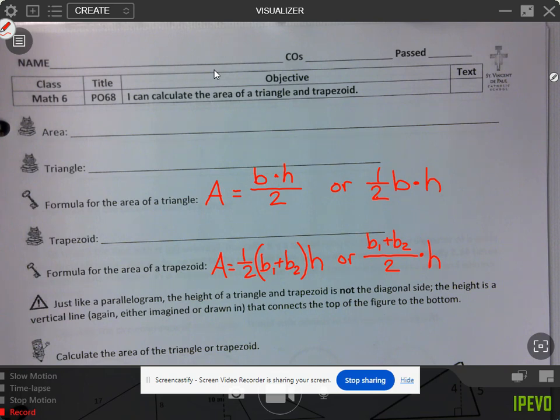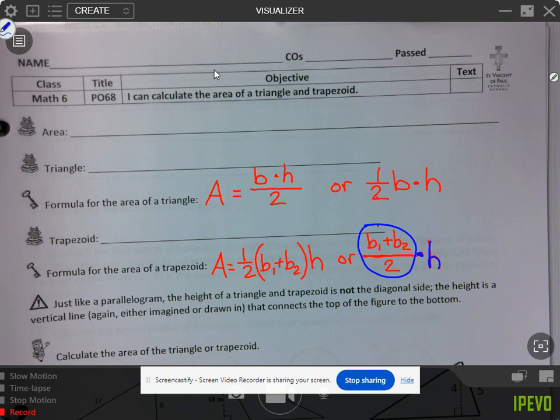Personally, for me, this is the one that I like because I need to remember to add my base 1 and base 2 and then divide it by 2 before I multiply it by the height. So I like the second one because it reminds me to add those together and then divide by 2 and then multiply by height. That's just my personal preference. You can use either one, whichever one works for you.